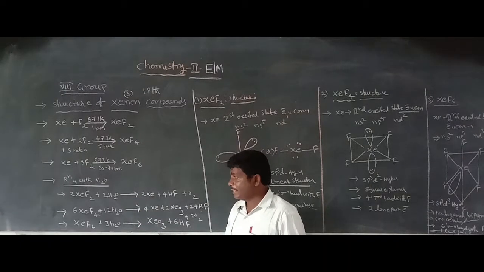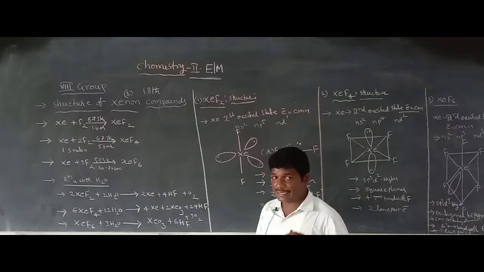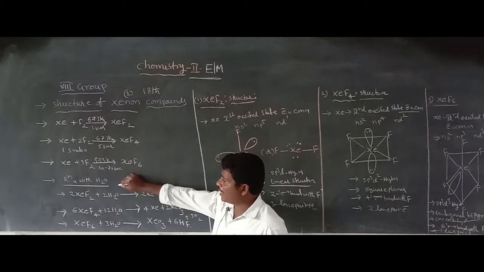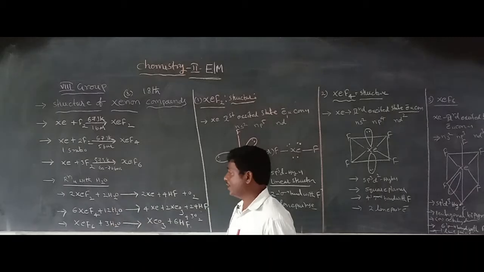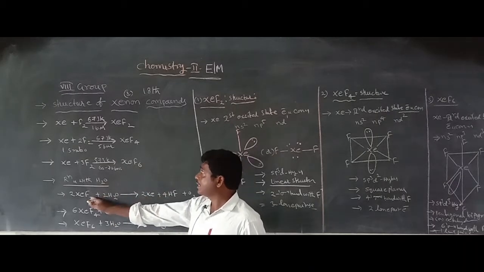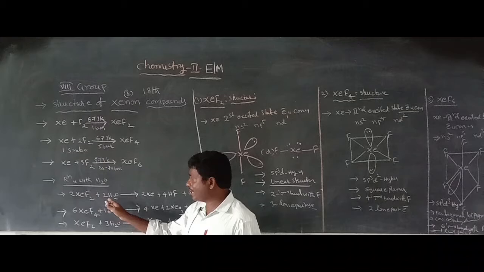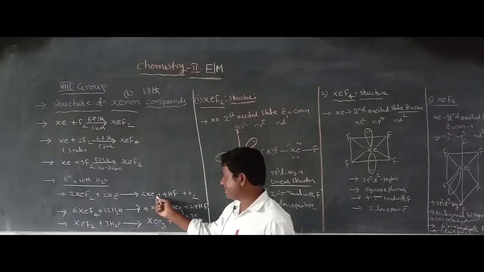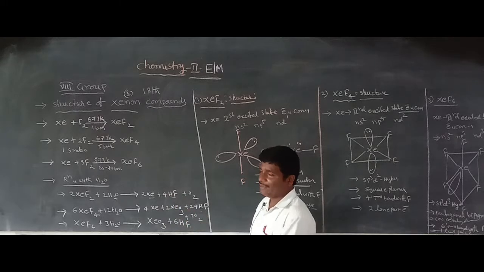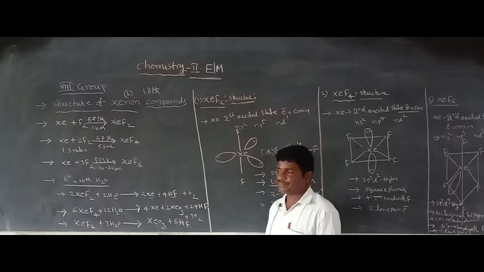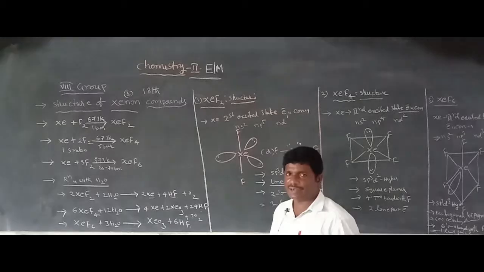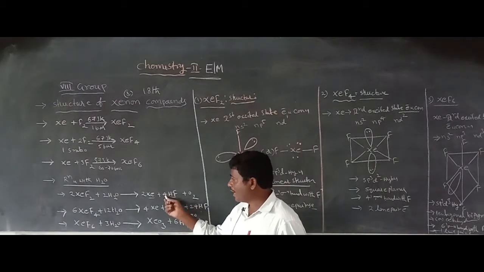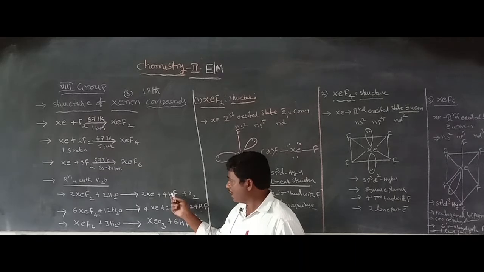Next, xenon difluoride, xenon tetrafluoride and xenon hexafluoride react with water, H2O. First, xenon difluoride dissolved in water forms xenon, hydrogen fluoride HF, and oxygen.